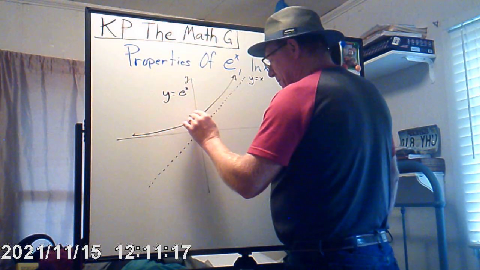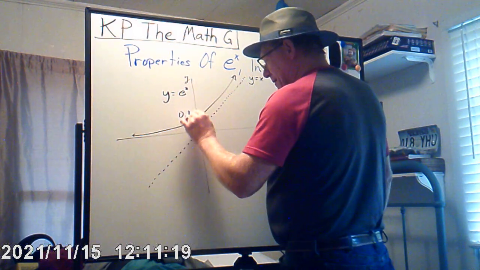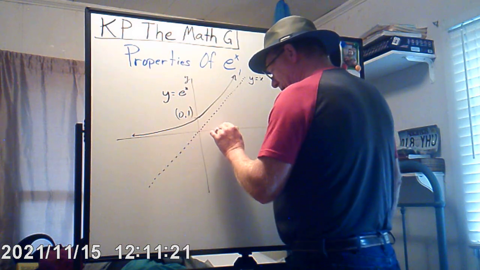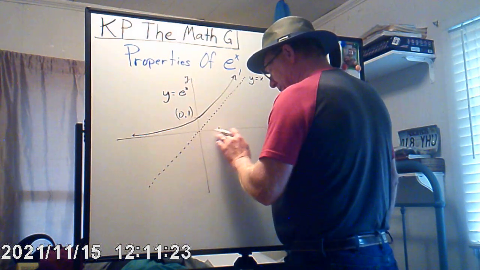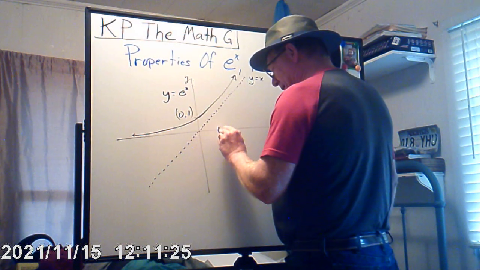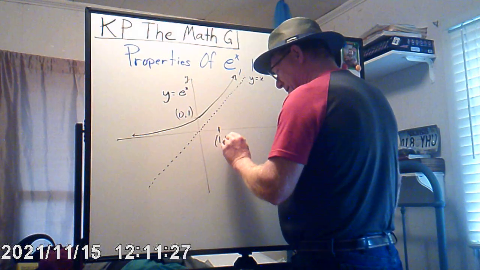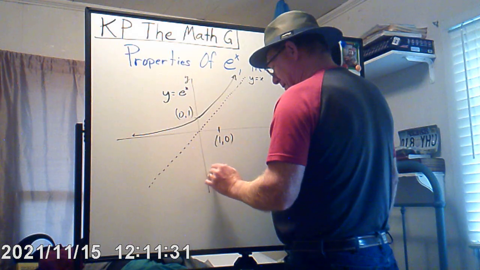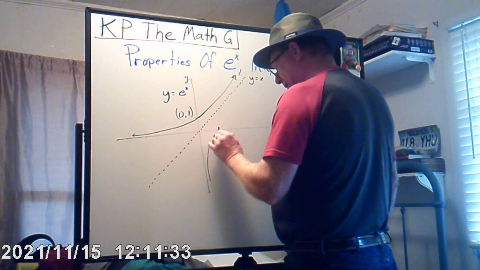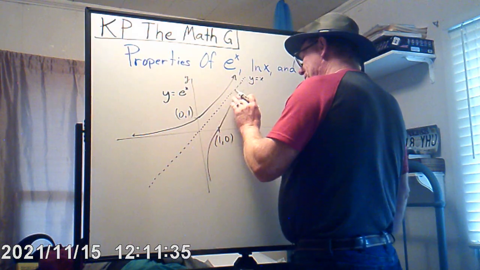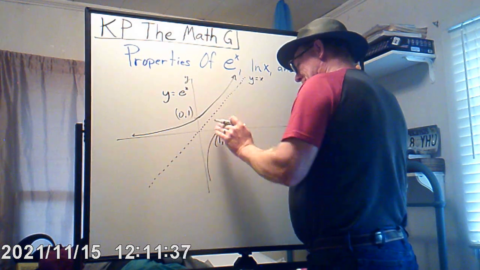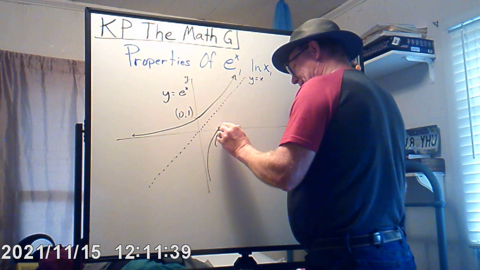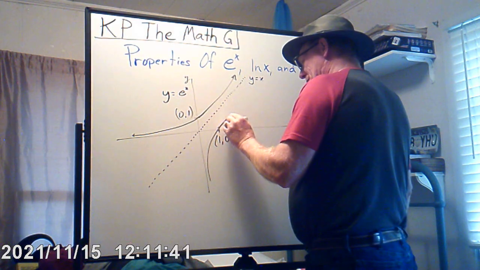This goes through 0, 1, and the ln goes through 1, 0. So right there you can tell that it goes through 1, 0, and it does something like that. Oh no, it does not. It goes more like this.